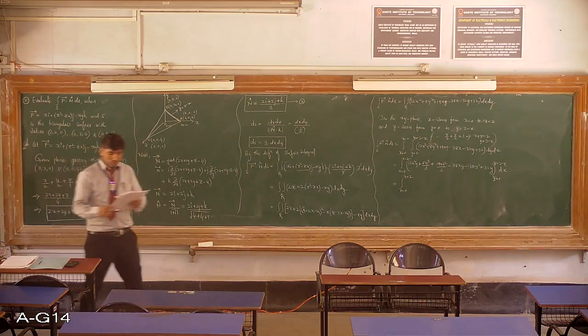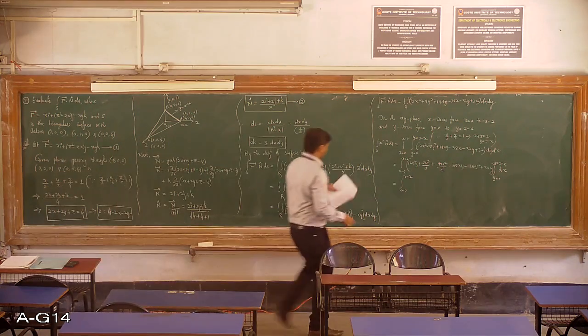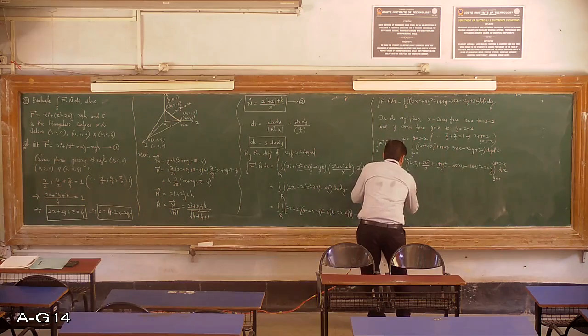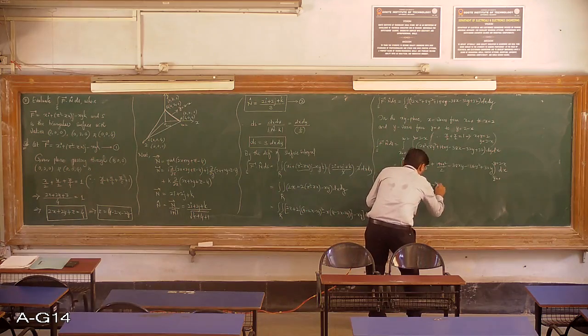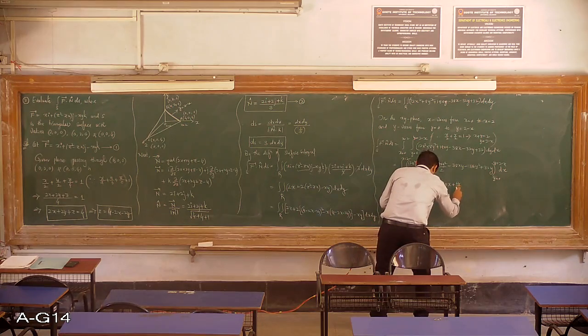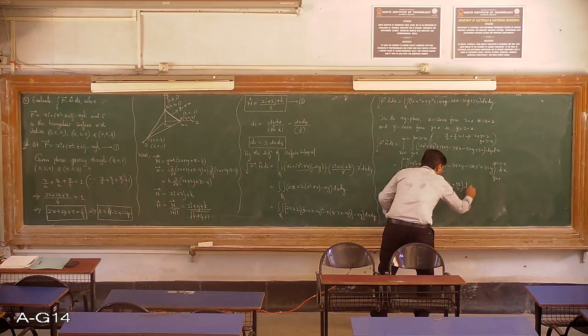By putting the upper limit, I'll write the result here because it's a big calculation. So this is 24 x square minus 31 x cube by 6 plus 24 x square minus 38x plus 64 by 3 into dx.